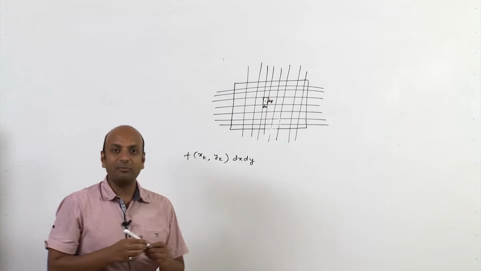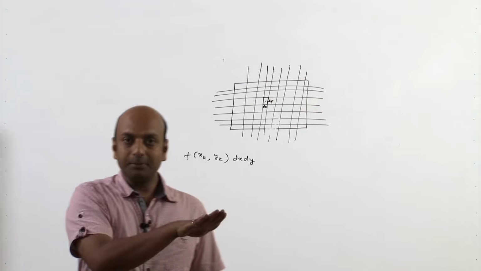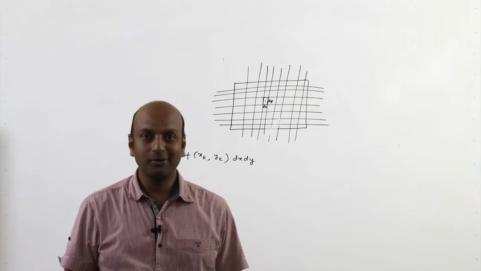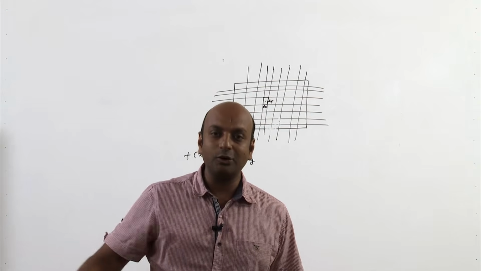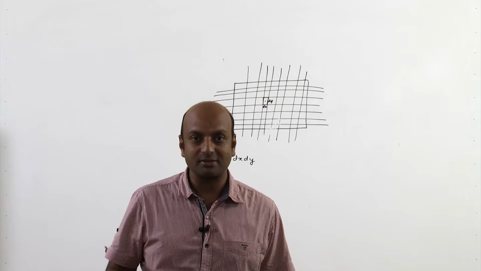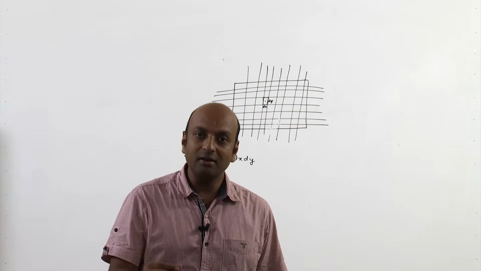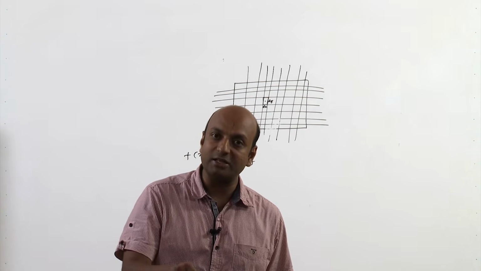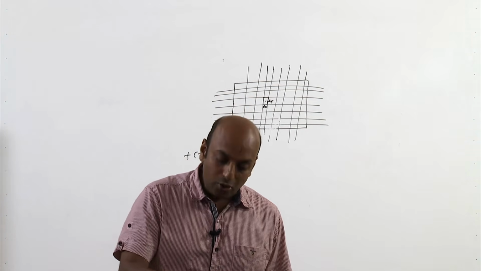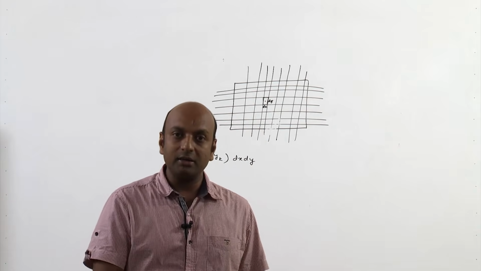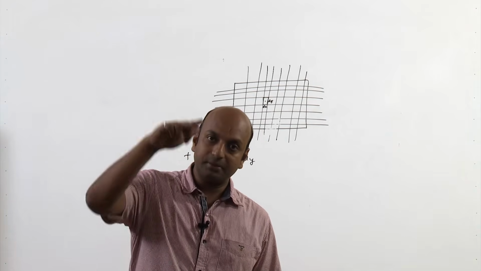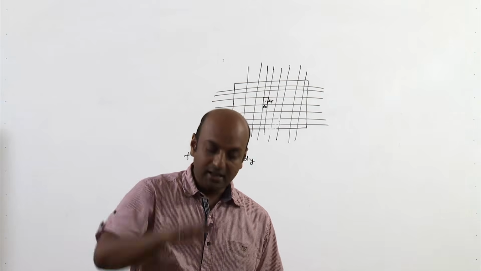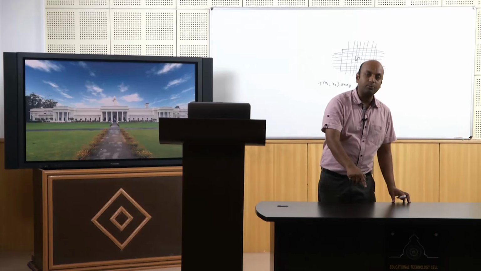Now what we have basically is a rectangle. We divide this rectangle into a number of vertical and horizontal strips, and take a small portion of area dx dy. Take a point (xk, yk) on that small portion. At that point, f(xk, yk) gives the height, and dx dy is that small portion.